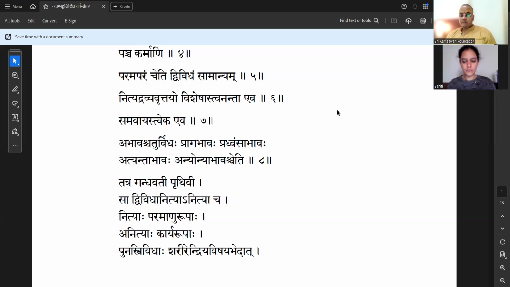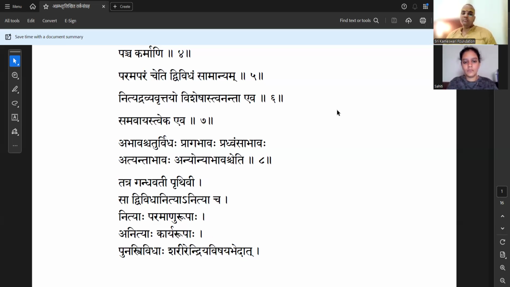Those particles, the Paramanus, can neither be created nor destroyed. The second type is Anitya Karya Rupa, which is destructible, which can be destroyed. That is Karya Rupa, which has been created. So this is one kind of classification.